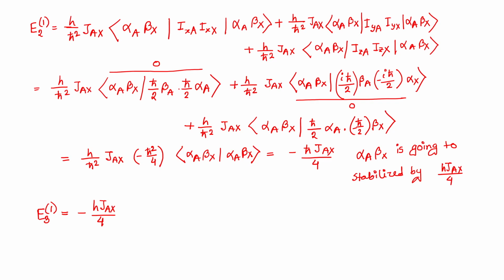Again the wave functions are beta A alpha X, so beta is going to give you some minus beta A, right? So due to that, again you are going to have this minus factor, and your beta A alpha X is also going to be stabilized by hJ.